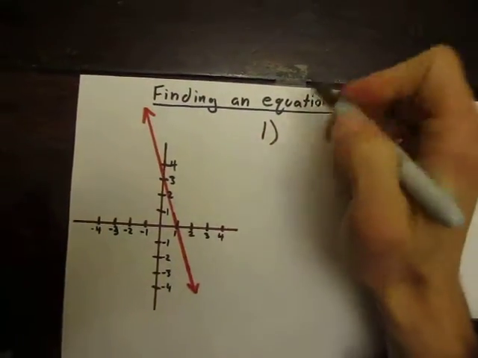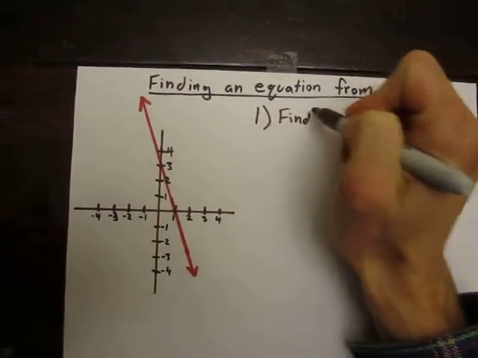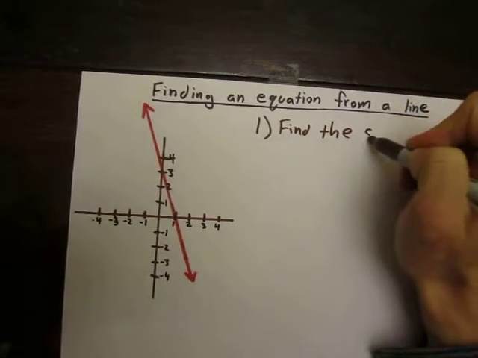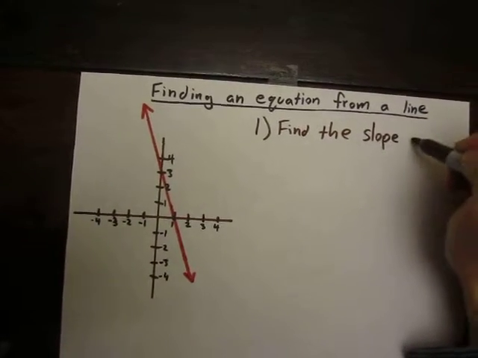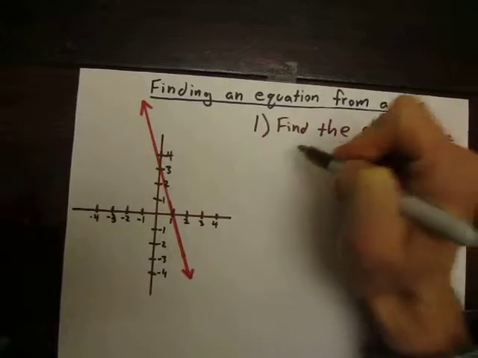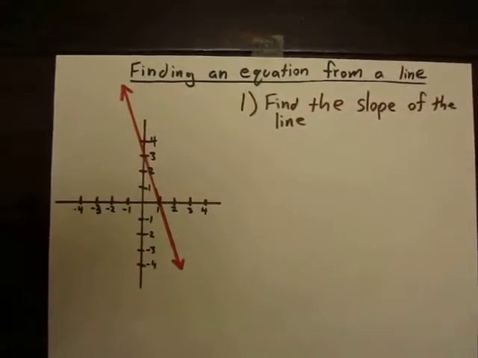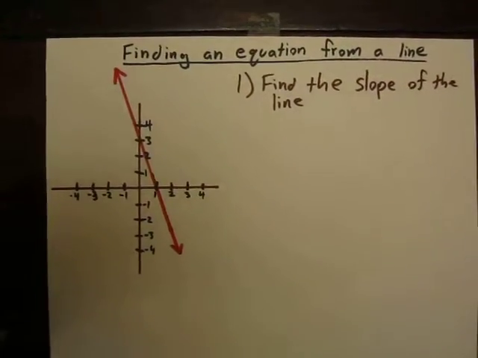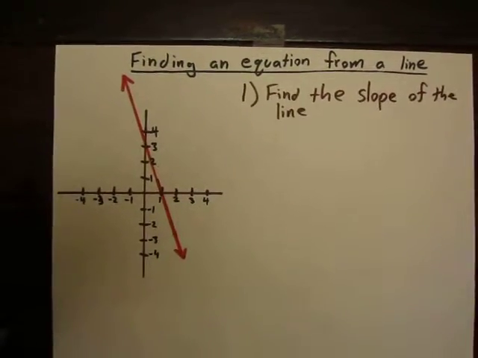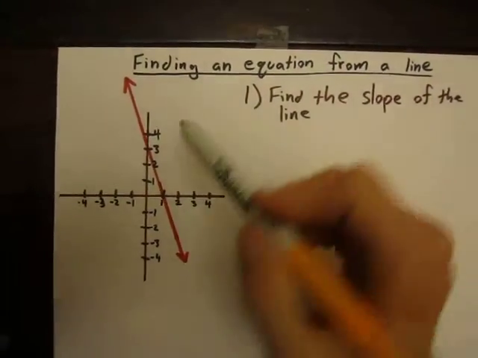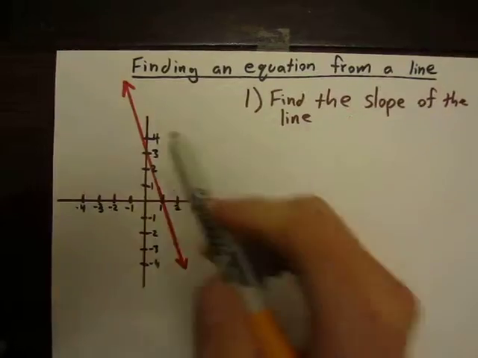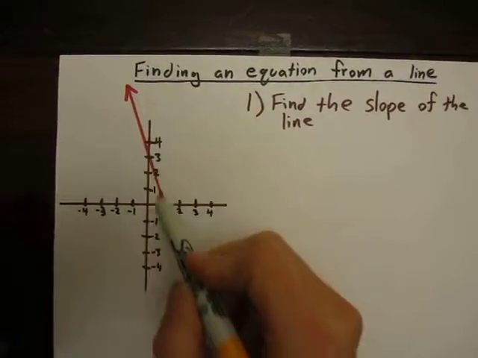So step 1, find the slope of the line. Okay, so to find the slope of our line, what we're talking about when we talk about slope is the steepness of this line.